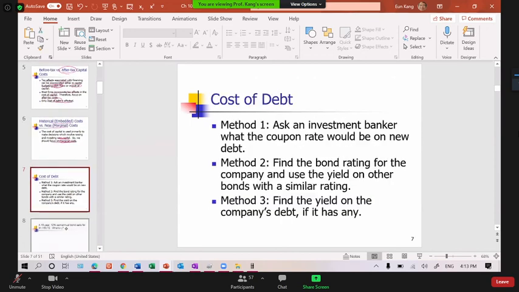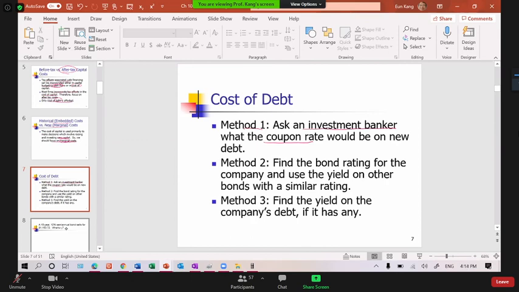Then first is cost of debt. Now, how to calculate cost of debt? First method is ask an investment banker: what should be the coupon rate when you issue a new bond, so new debt.